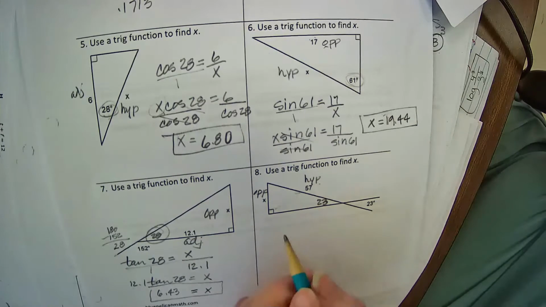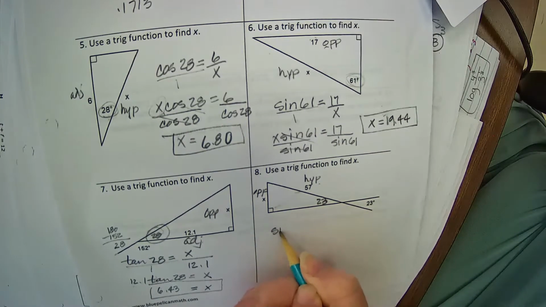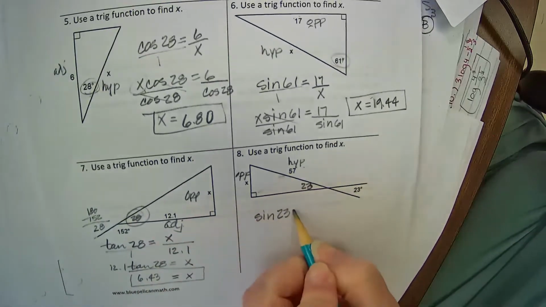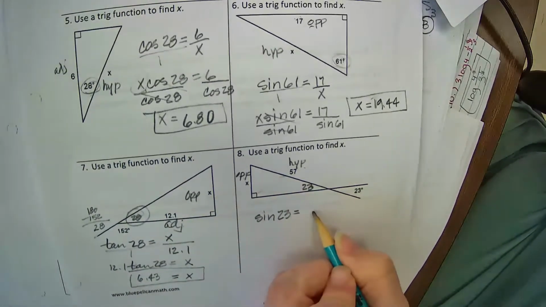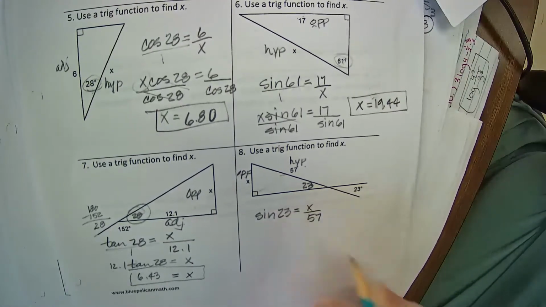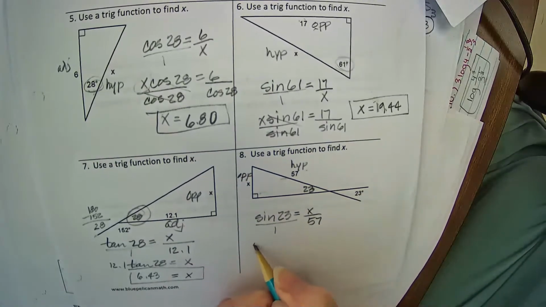So opposite and hypotenuse is sine of 23 equals what over what? There we go. Throw it over 1, cross multiply.